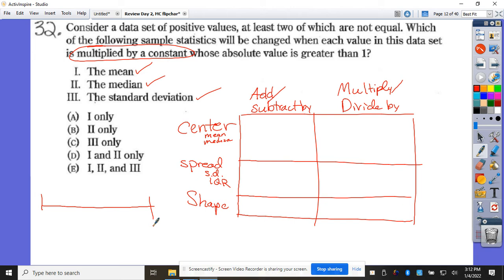So I've got this number line over here. I've got some distribution. I'm going to take everybody and give them 10 extra bonus points. So this started here. And now I give everybody 10 extra bonus points. Did my center change?